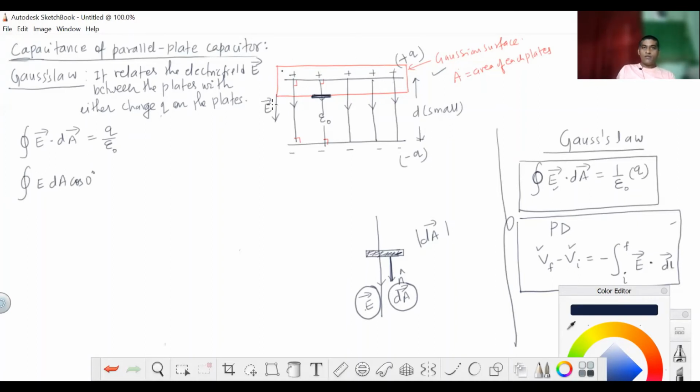We have a closed Gaussian surface, so this equals Q by epsilon 0. Now cos 0 is 1. And as I said earlier, electric field is uniform or constant between these two plates, so we can take electric field out of the integral. So we have this.